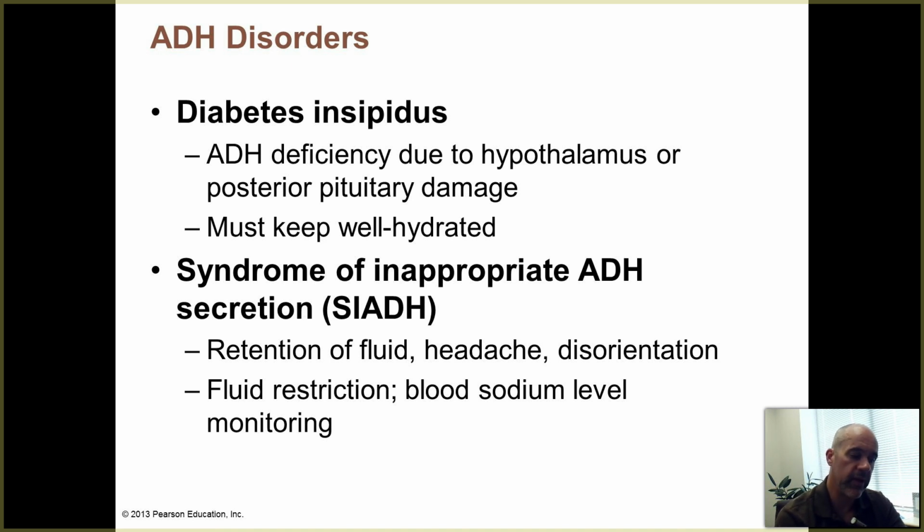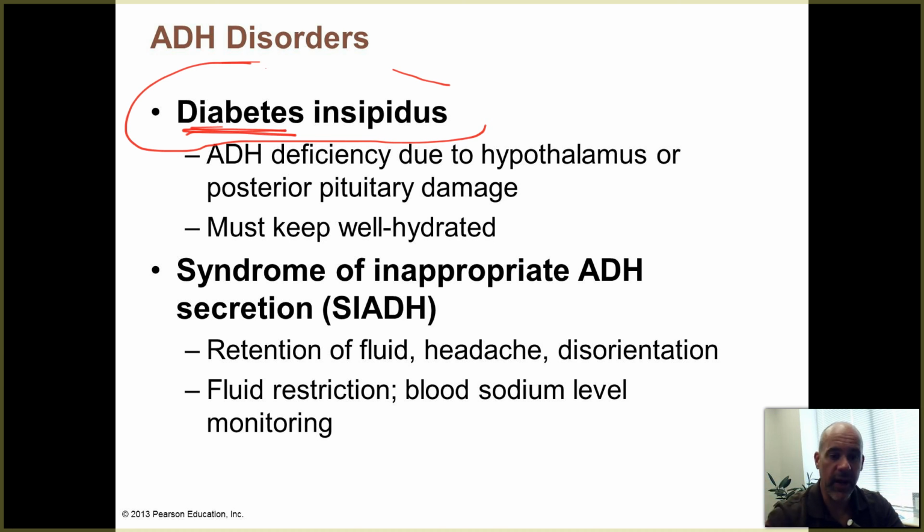But there are a couple of interesting ADH disorders. This one, you guys moving into healthcare will likely have patients who have this from time to time. Diabetes insipidus. So this is not diabetes like high blood sugar diabetes. This is a different type of diabetes. This term diabetes actually refers to frequent urination.